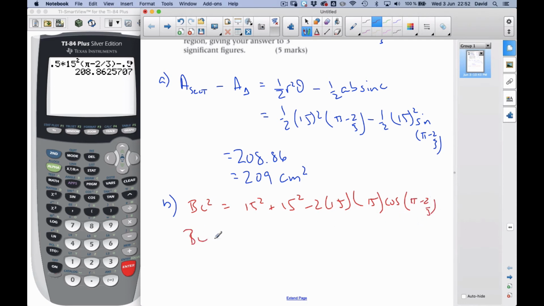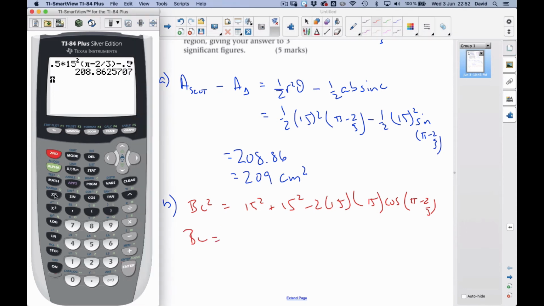And so BC will simply be the square root of 15 squared plus 15 squared minus 2 times 15 squared cosine of pi minus 2/3.